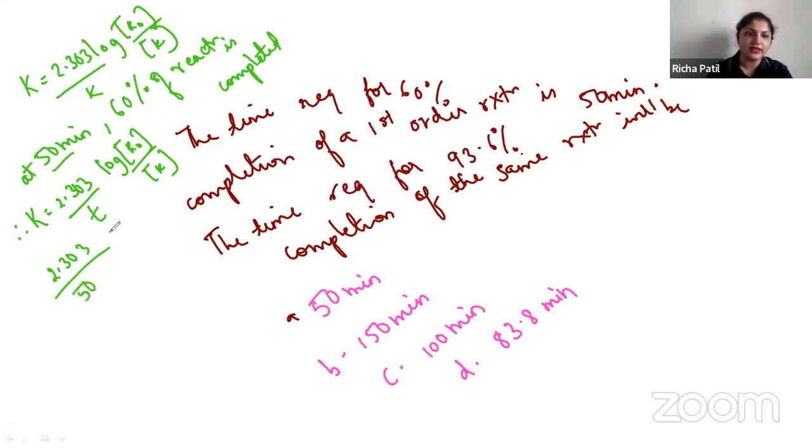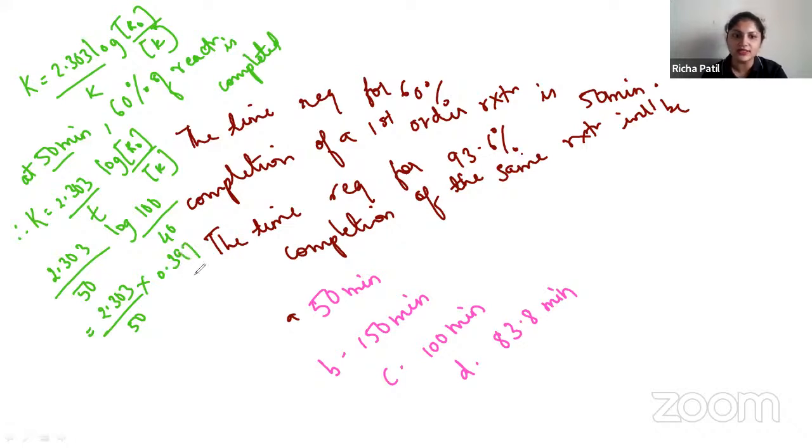Then log of, 60% work is done, so it is 100 minus 60, which is 40. After solving this, you get 2.303 by 50 into log of 100 by 40, which is 0.397. So the answer comes to this.